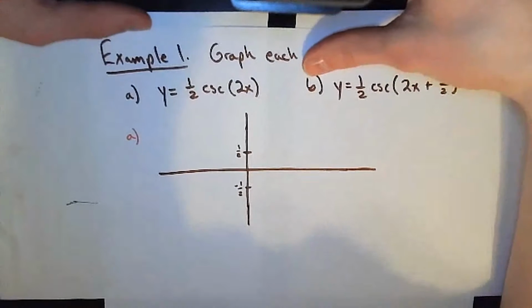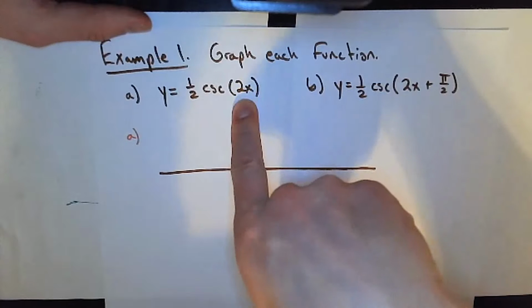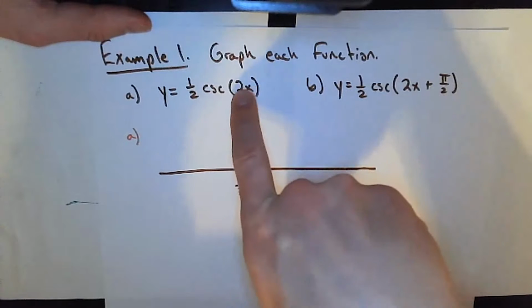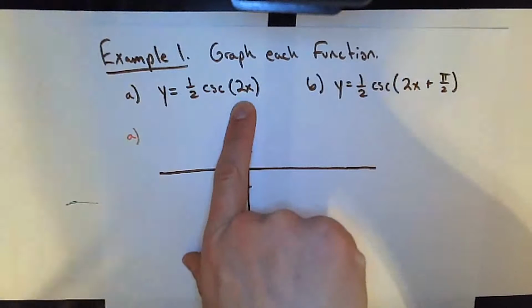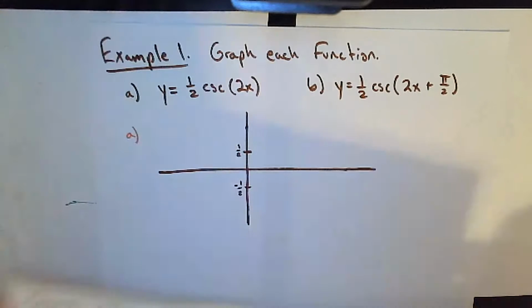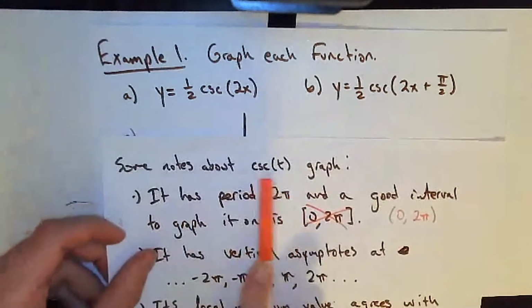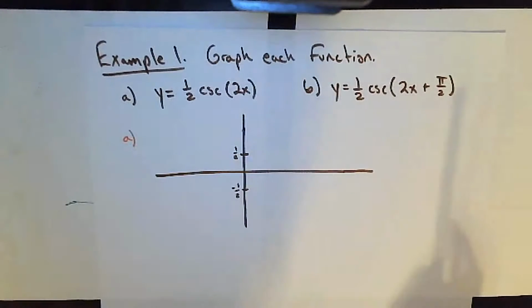Also, I can see that there's something going on with its period, right? It's got a horizontal compression factor because of that too. And I already said that they have the same period as here. It's period 2 pi for cosecant, and we're going to graph it on 0 to 2 pi.